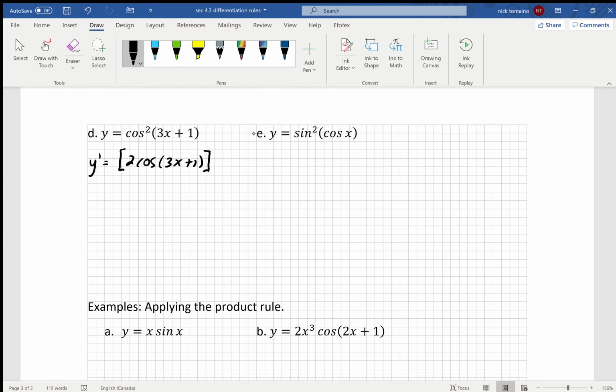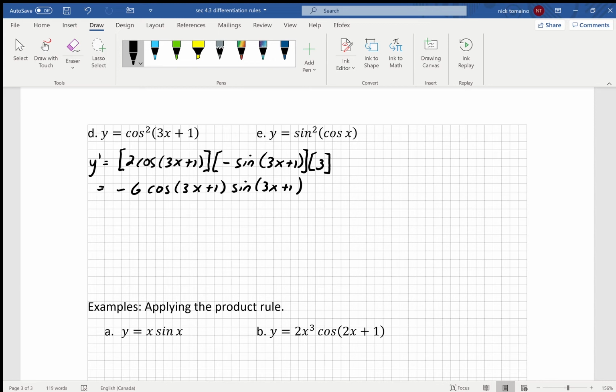Step 2, derivative of the function, negative sine 3x plus 1. Next part, derivative of the angle, 3. And then we simplify it, so we're going to have 2 times negative 1 times 3 is negative 6 cos 3x plus 1 sine 3x plus 1.